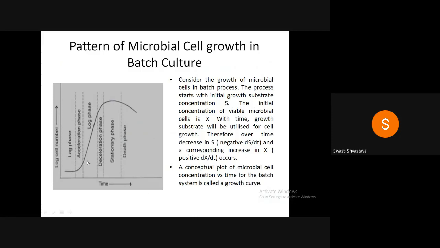This conceptual representation of the cell population versus time for the batch system gives you a growth curve.